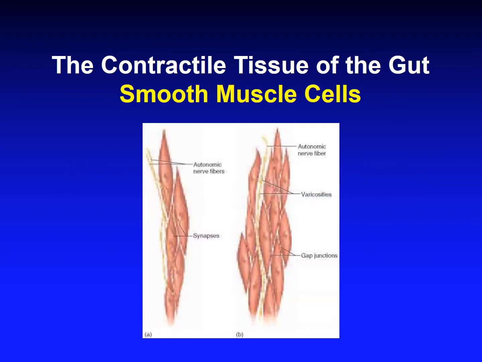So, what are these general concepts that we need to keep in mind? First, generally, the contractile tissue of the gut consists of smooth muscle cells.